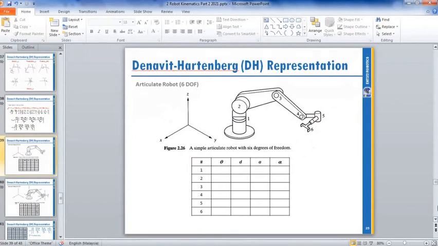So in DH, first you need to find the DH parameter table.